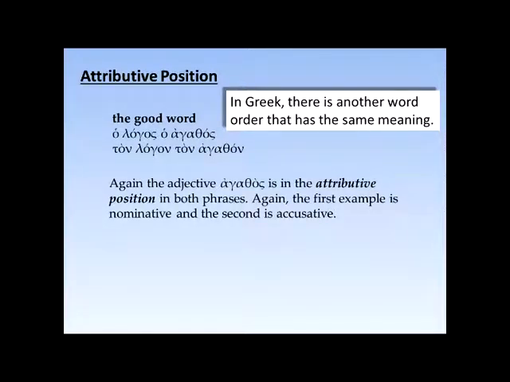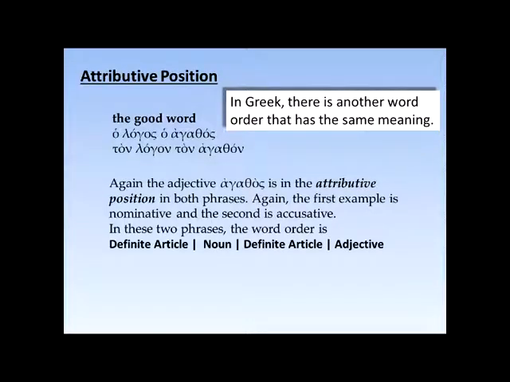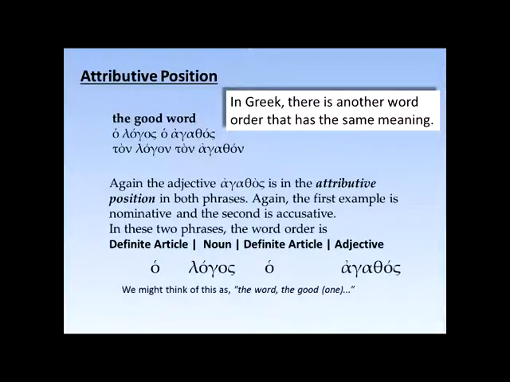But these two examples are different than the previous two examples. In these two phrases, the word order is definite article, noun, definite article, adjective. Ho logos ho agathos. We might think of this as the word, the good one. But it is less cumbersome to simply translate the good word.